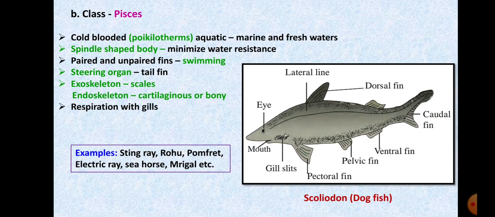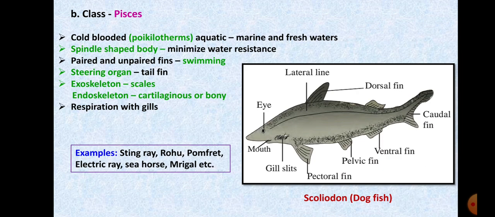Next class we have is Pisces. Now looking at the animal on your screen, you easily get an idea what are included in this class Pisces. Yes, all your fishes. Now, these fishes, firstly, they are purely aquatic. We all are aware of that.